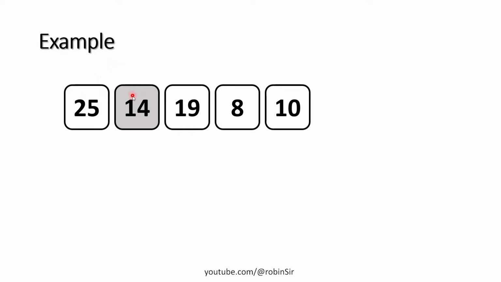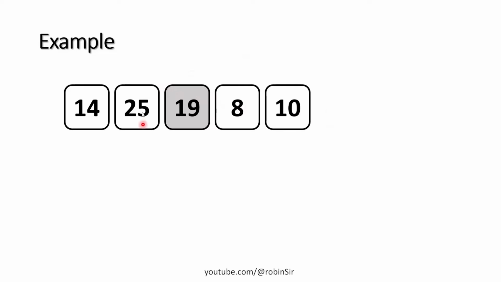That's why we interchange their positions, and now 14 has come to the left of 25. Now the region on the left side is sorted, while the region on the right side is still unsorted.